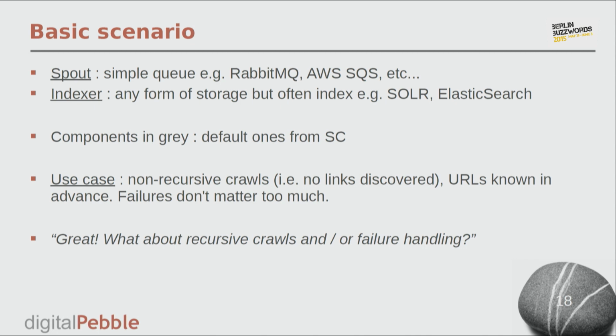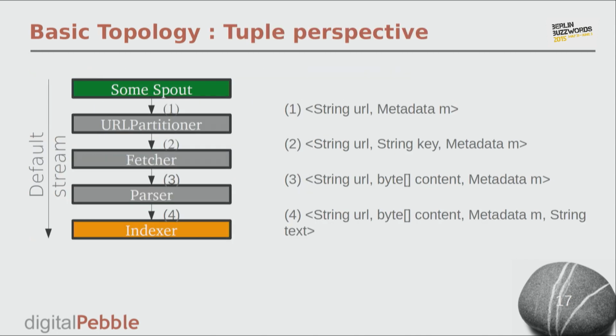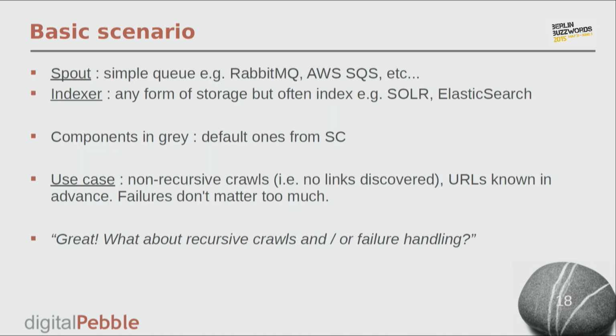All the components in gray are the ones provided by Stormcrawler by default. Some of the ones for the indexing could also come from Stormcrawler. So it's very likely you'll need to just provide a spout implementation and the topology class itself, and that's it. Bob's your uncle.